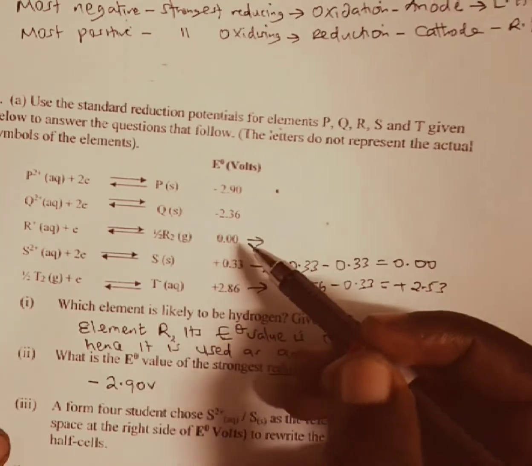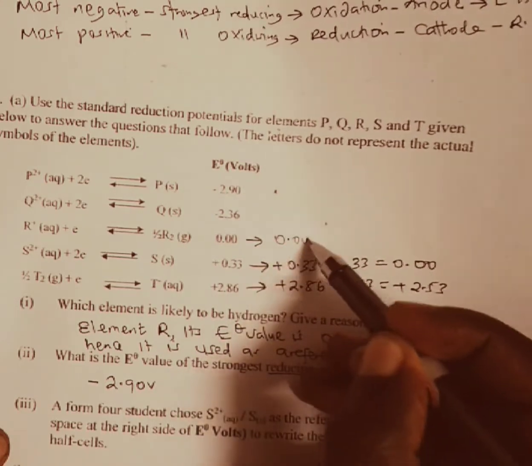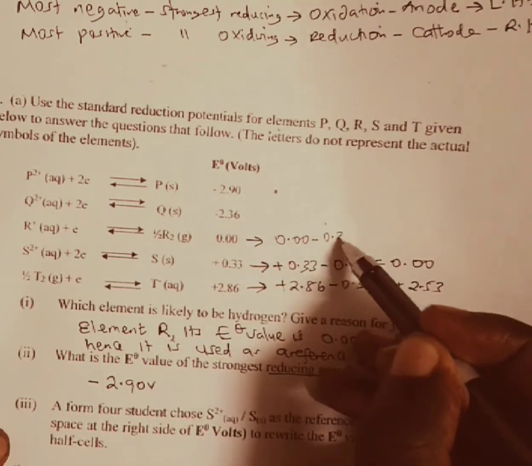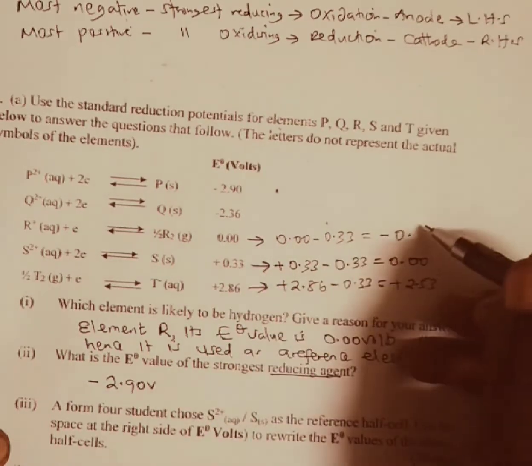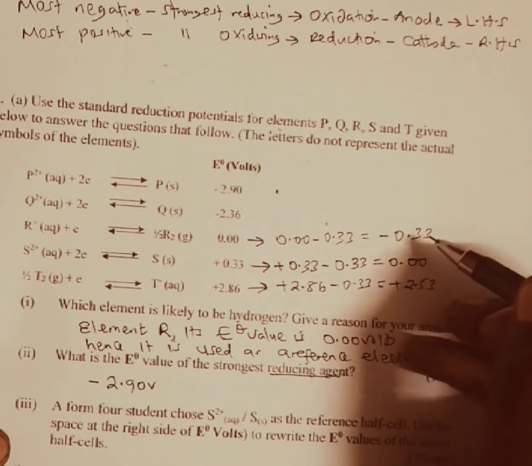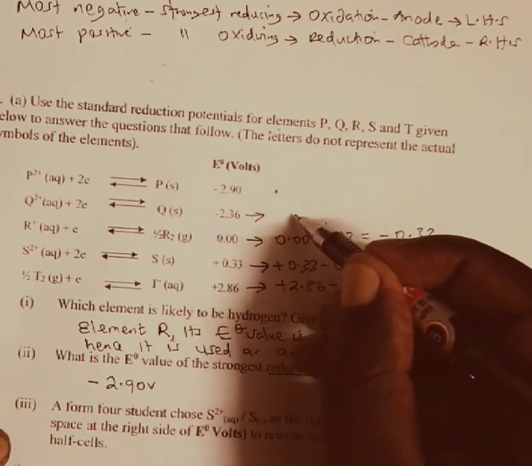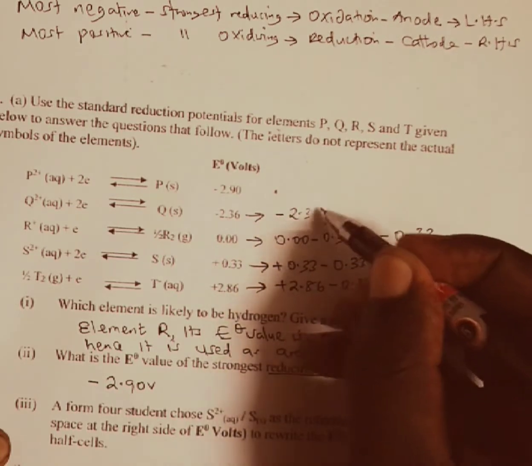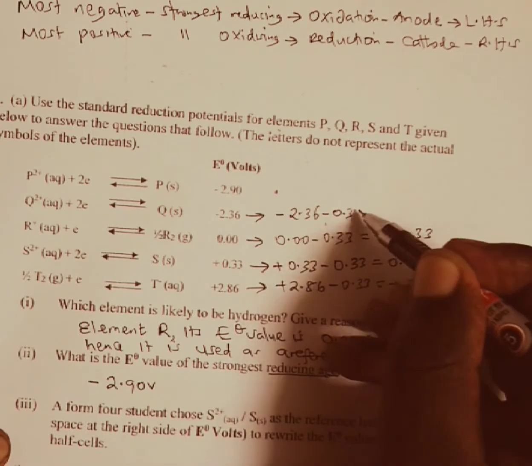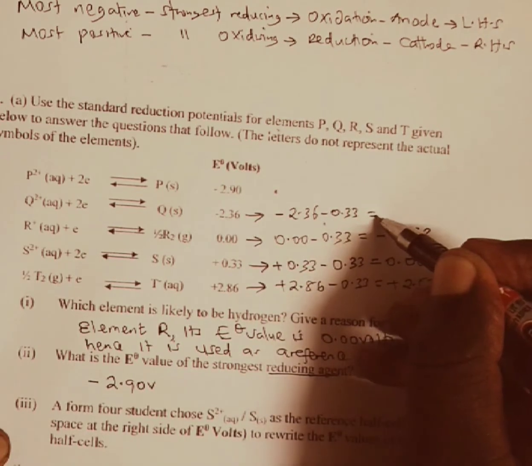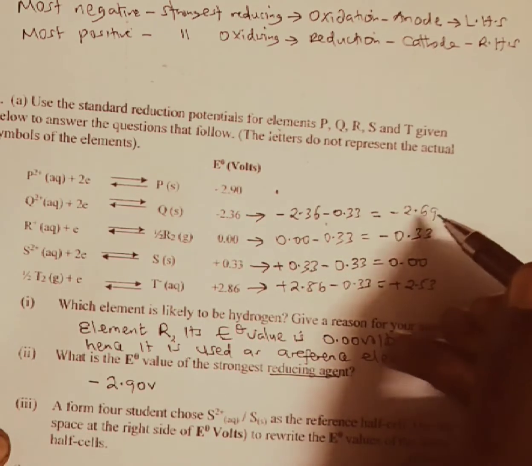For R, which was initially used as our reference electrode, we take the 0.00, we reduce it by 0.33, and this one is going to be negative 0.33 volts. Next, we go to element Q with negative 2.36. We reduce it by 0.33, and the answer is going to be negative 2.69 volts.